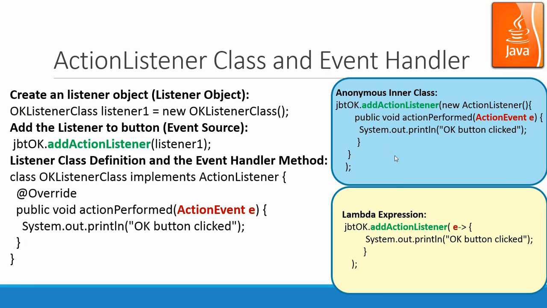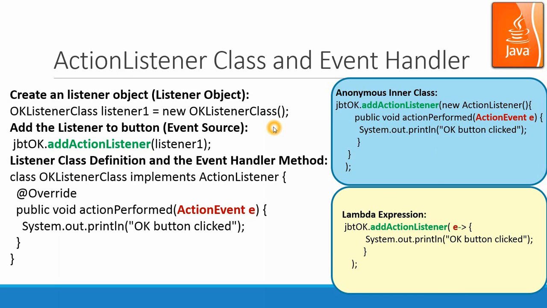And also we can even further simplify it with an event object and then the lambda expression with the event handler. This would be the cleanest version for assigning the JButton with a handler event. And this lambda expression is equivalent to the whole thing right here.